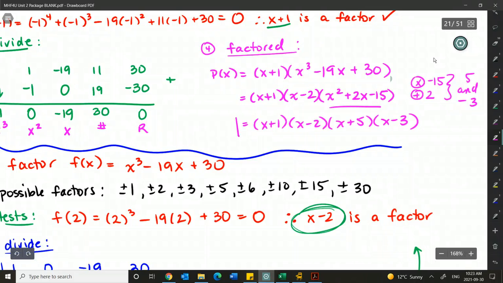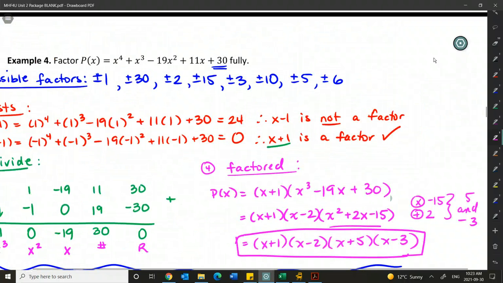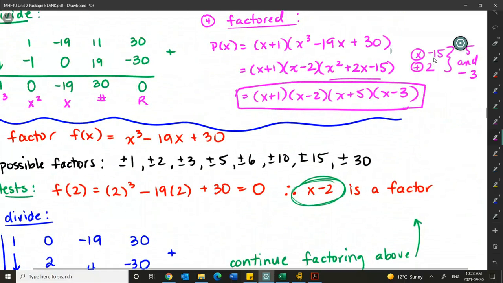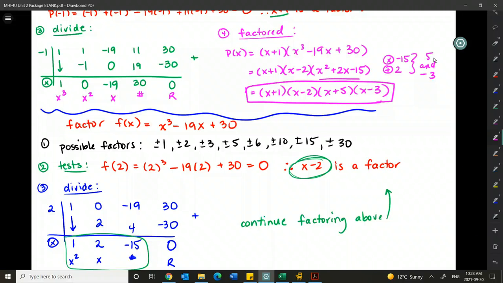And this is now fully factored. I don't think this one says to state the solutions. It just says fully factor. Yes. Question, Lexi? No? Any questions?